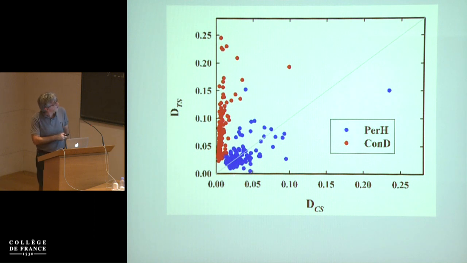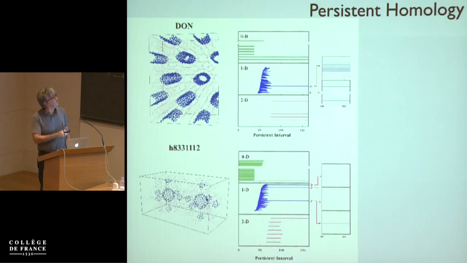Here we have a set of similar materials. Here we have the distance in conventional descriptor space, so the pore diameter and all the things we did before. And here we now have a distance in topological space. That means we use these as a fingerprint, and we calculate distance in this space. We call that the topological space.